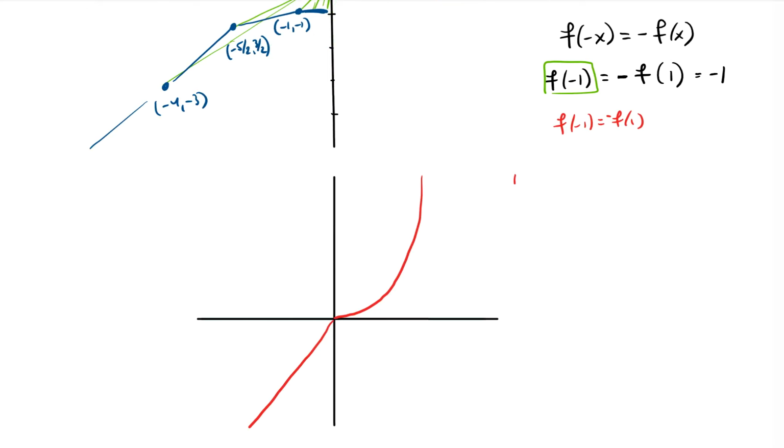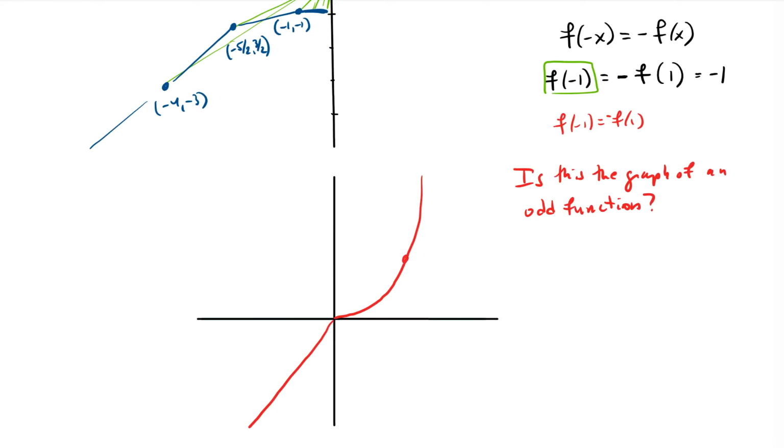So maybe let me go through another example. Let's say I want to figure out, is this the graph of an odd function? Okay, well, visually we can try to check it using reflections across the origin.